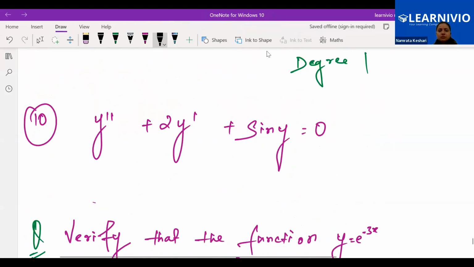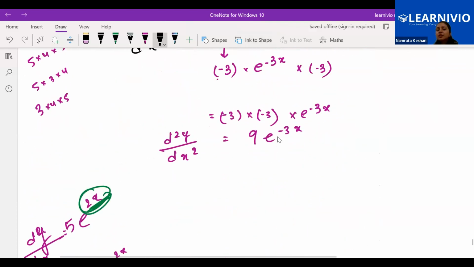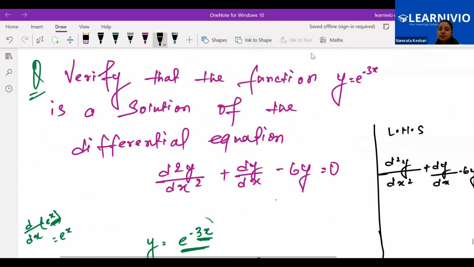We have found 9 e to the power minus 3x, and dy by dx we have found minus 3 e to the power minus 3x. Everything we will substitute over here, and y also we will substitute. See, this is the question.